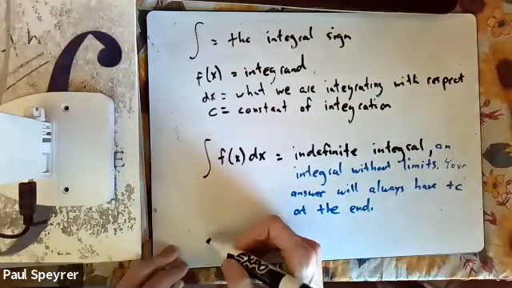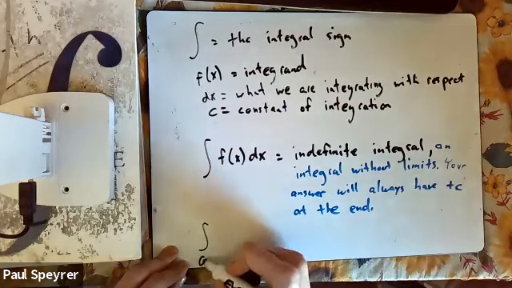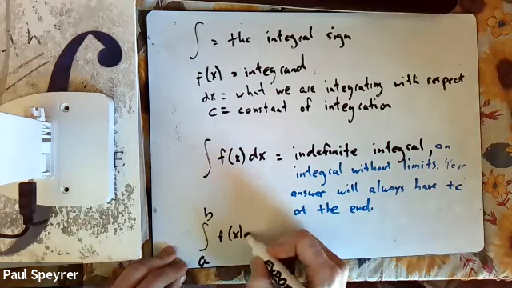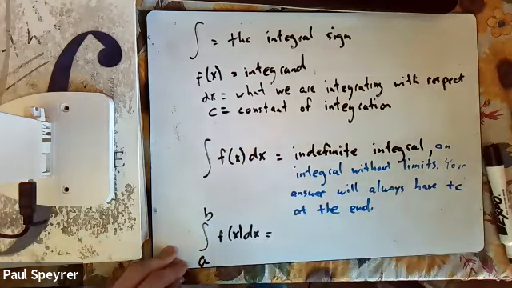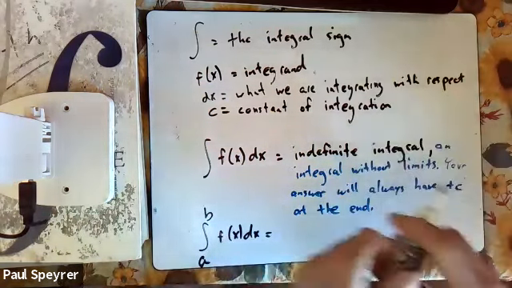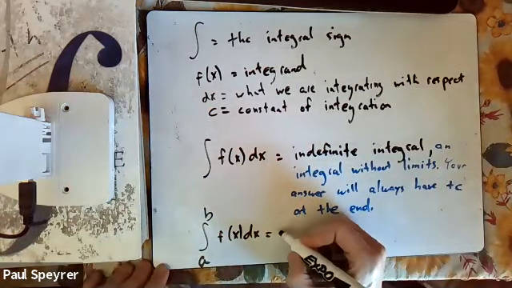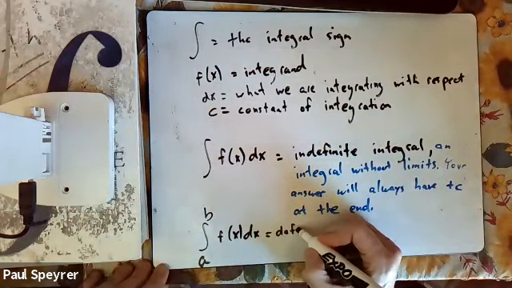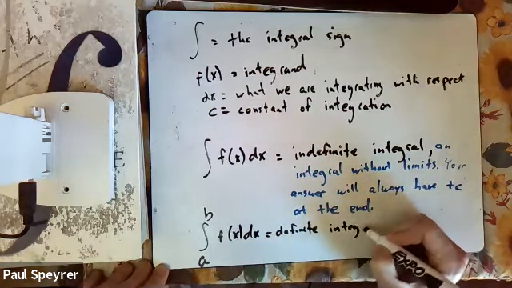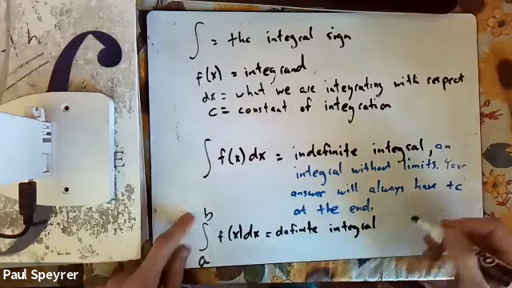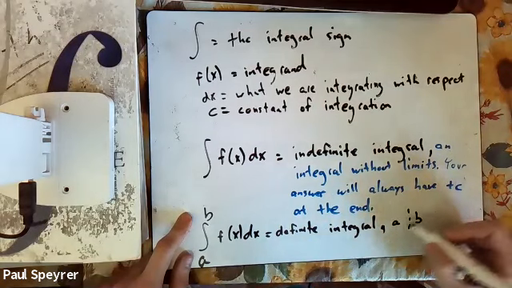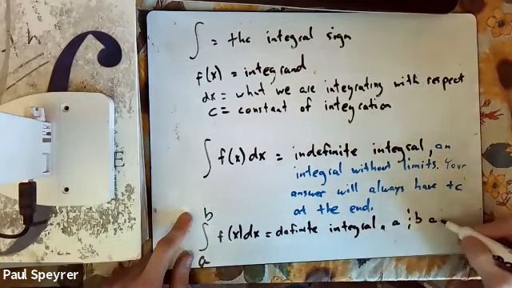And then the other possible integral that you can have is one with limits. And these we'll do later on. This is called a definite integral, just the opposite of an indefinite. So these limits a and b are actually constants.